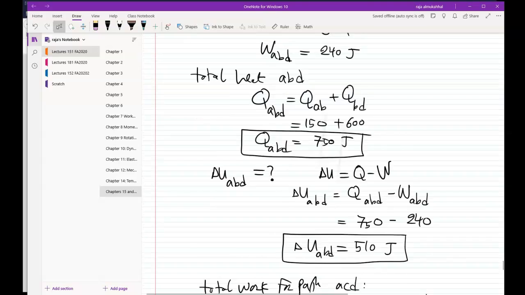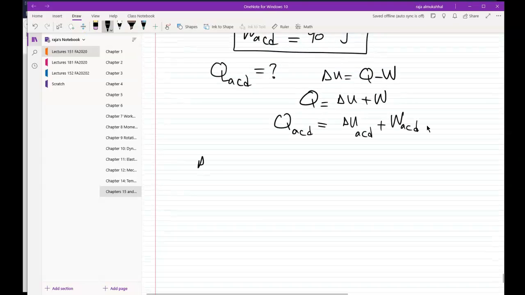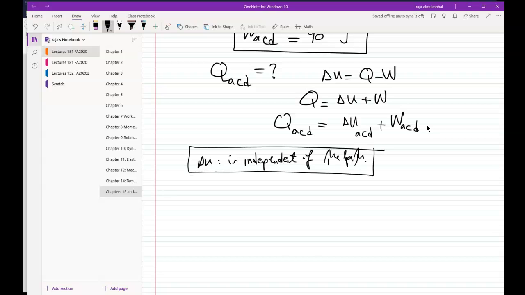So delta U, this is very important, delta U is independent of the path. It'll save you a lot of time, a lot of calculation. So delta U ACD is basically equal to delta U ABD.